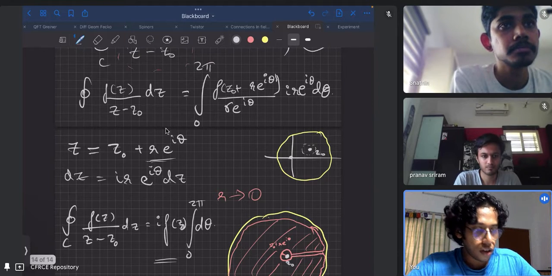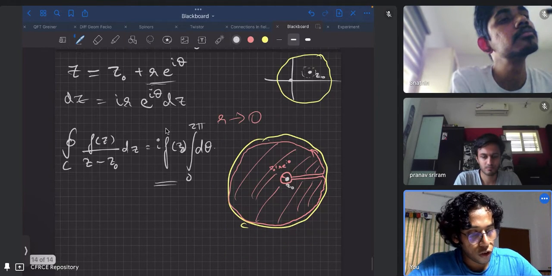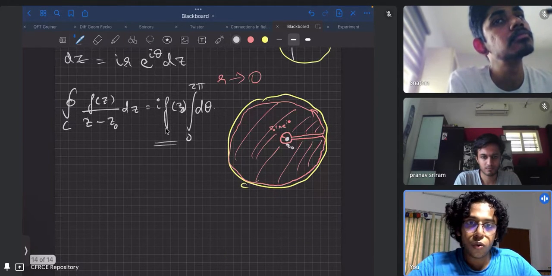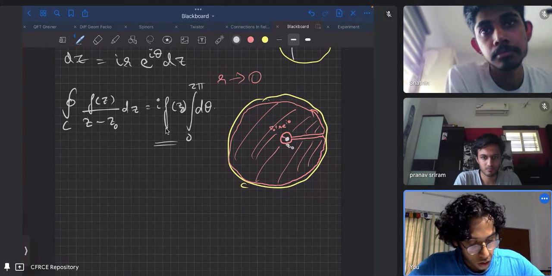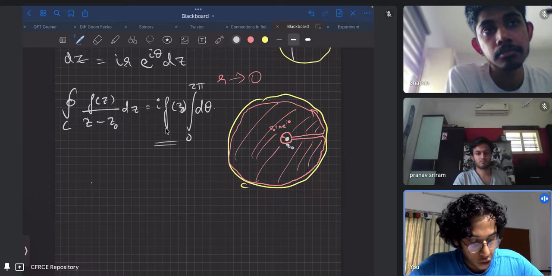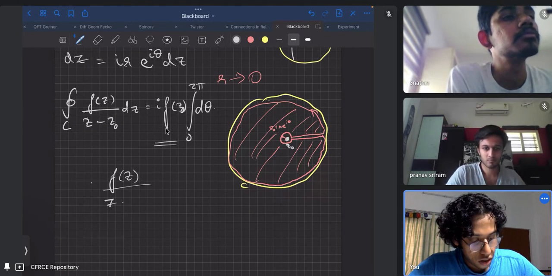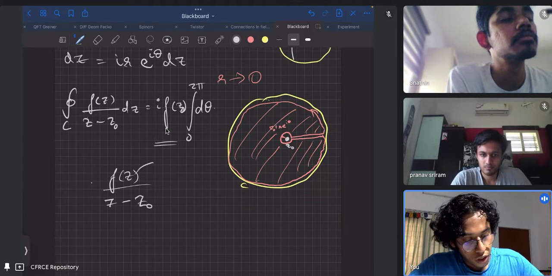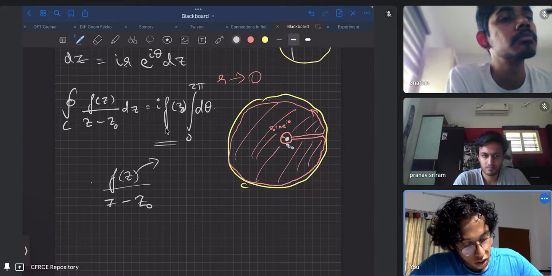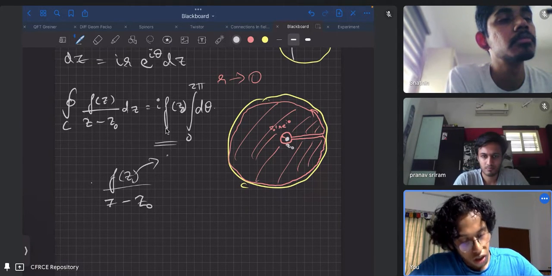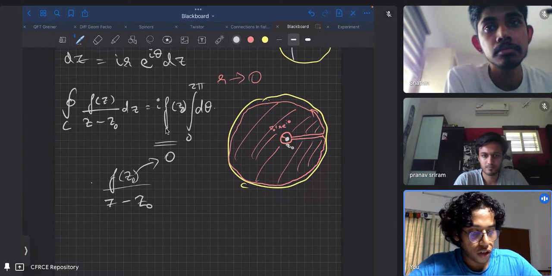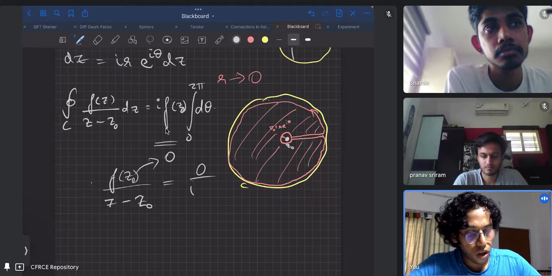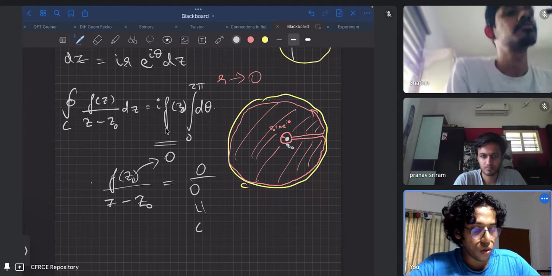So when you evaluate this integrand, suppose f of z naught is 0, then this whole expression vanishes. It's 0 by 0, and we can say that this is equal to 0.